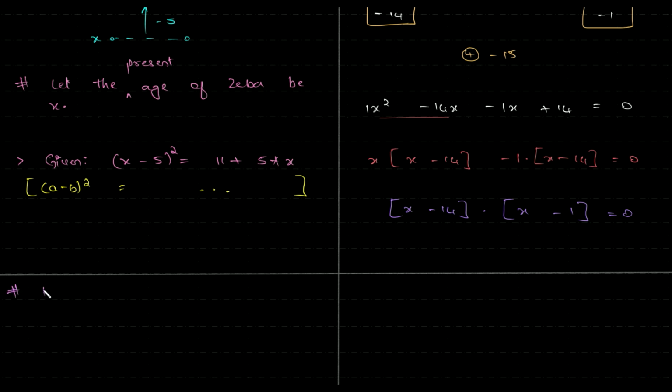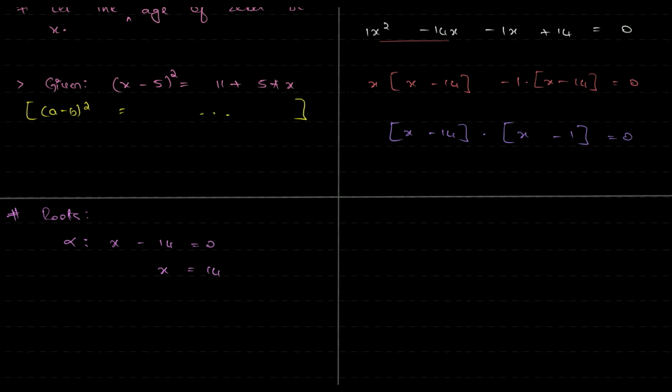Basically we are looking at the roots. So the roots would be, alpha: x minus 14 is equal to 0, so x is equal to 14, while beta: x minus 1 is equal to 0, so x is equal to 1.